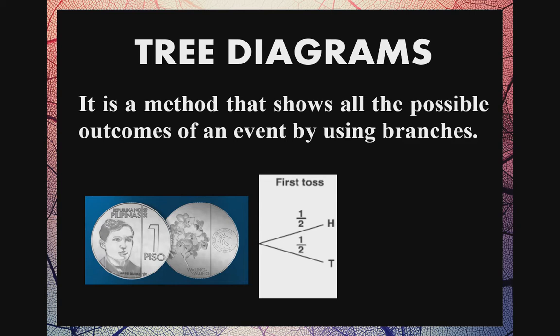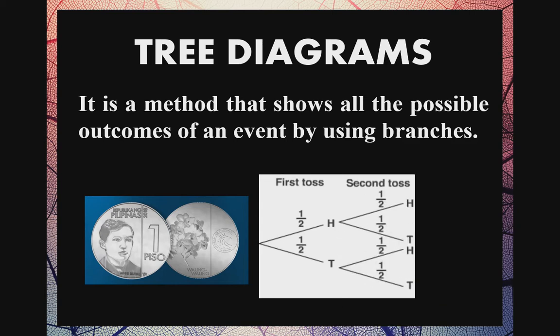So for example, if the first toss is head, then there is another 50% chance that it will be head again. It's the same if the first toss is tail: the second may be head or tail.